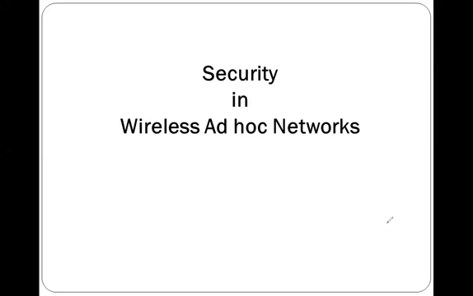While talking about the security of a network, we have different categories in security. Number one is the network security. Then onward, inside a network, we have node security.